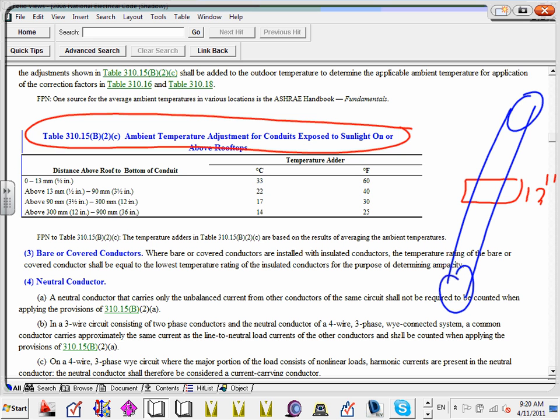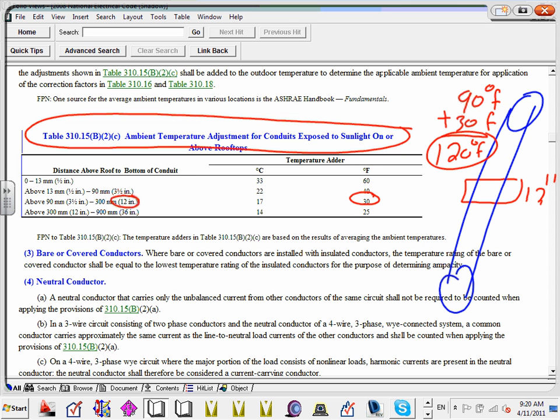I have a 12 inch stand, and the ambient temperature right here is 90 degrees Fahrenheit, and I put it on a roof on a block that's 12 inches. Then I need to add 30 degrees Fahrenheit. So 90 plus 30 is 120 degrees Fahrenheit. It will change your derating based on 120 Fahrenheit.